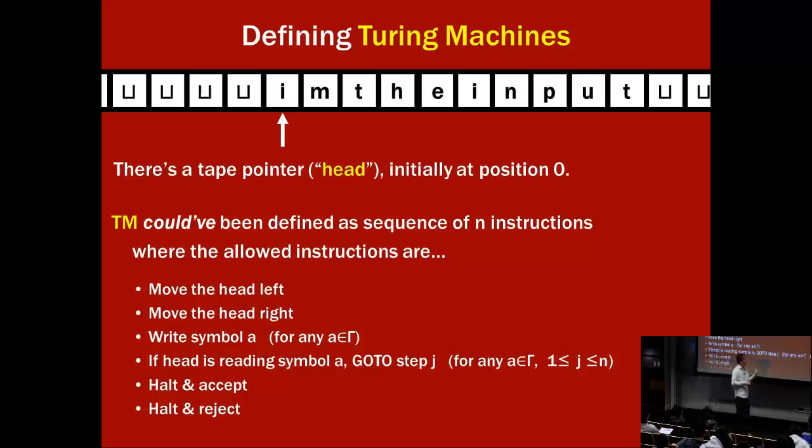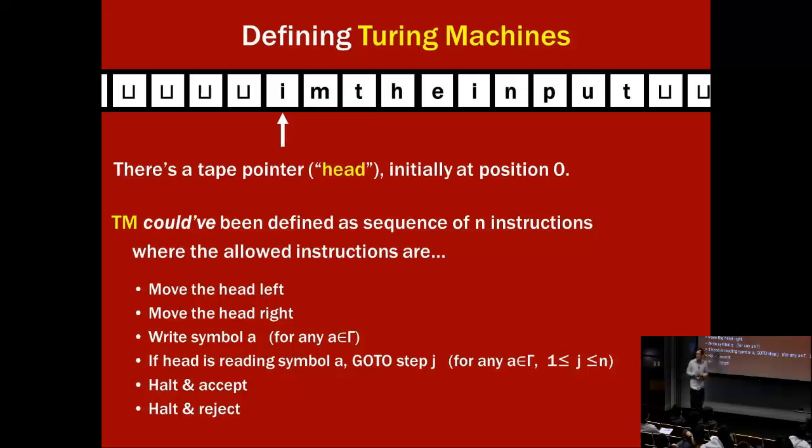It's a combination of an if and a goto: if the head is reading some particular symbol A, then go to step J. You can have that instruction for any tape symbol A and any line number J. And finally, these Turing machines are supposed to process their input if they're solving a decision problem and either accept or reject, just like DFAs. So we're going to have a halt and accept instruction and a halt and reject instruction.